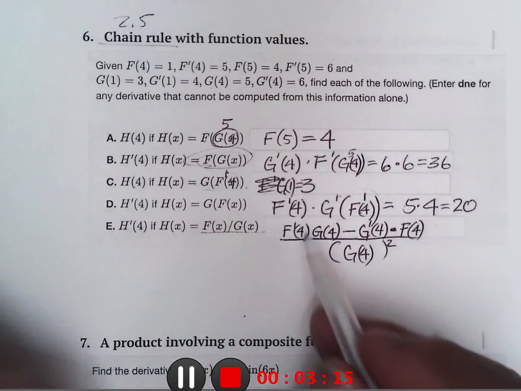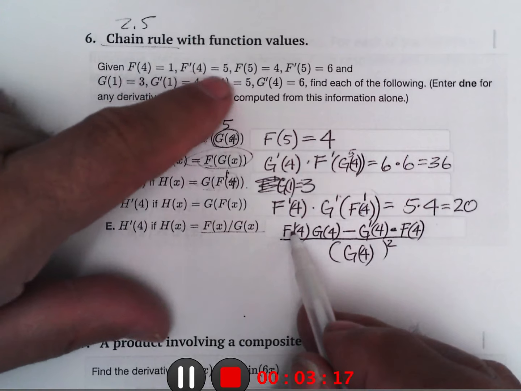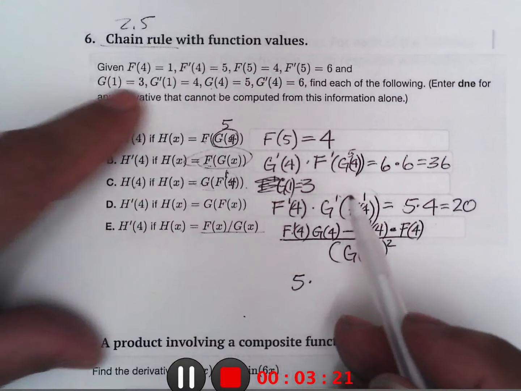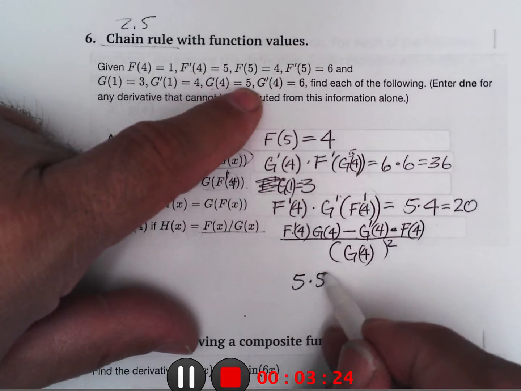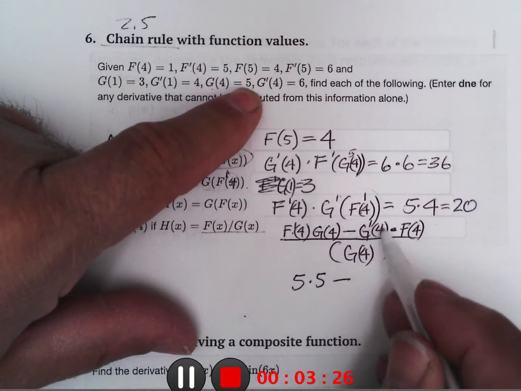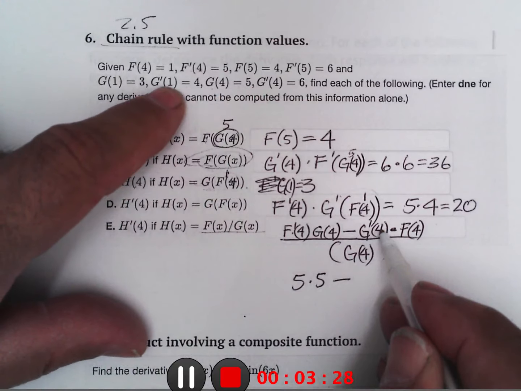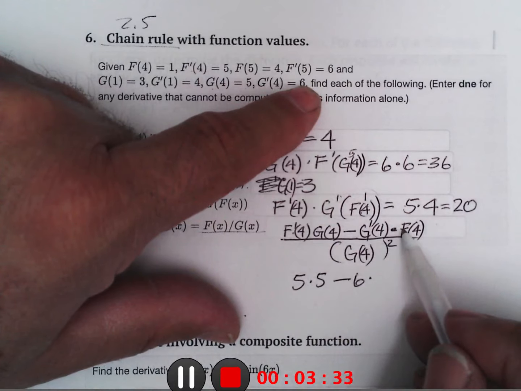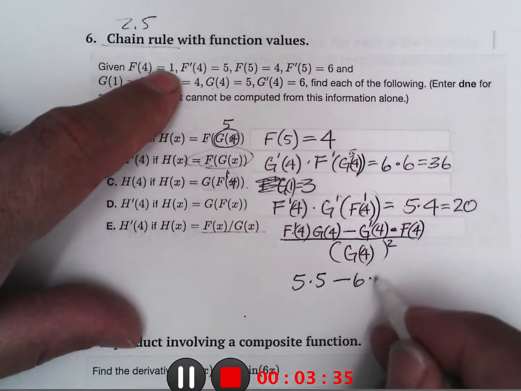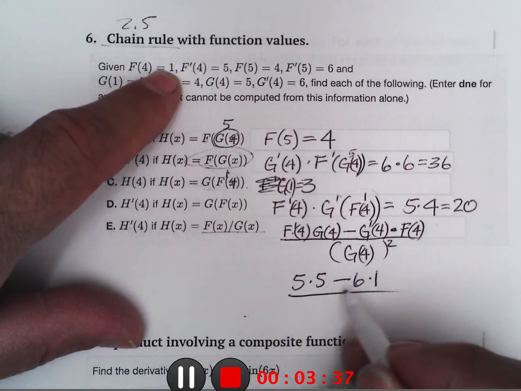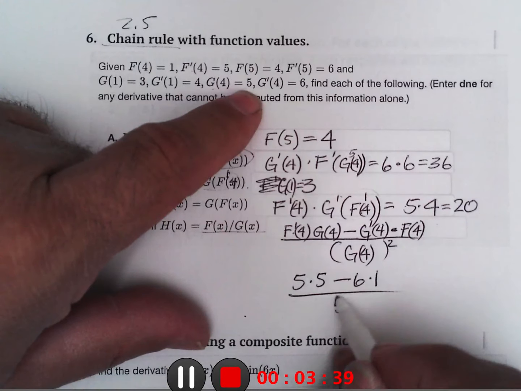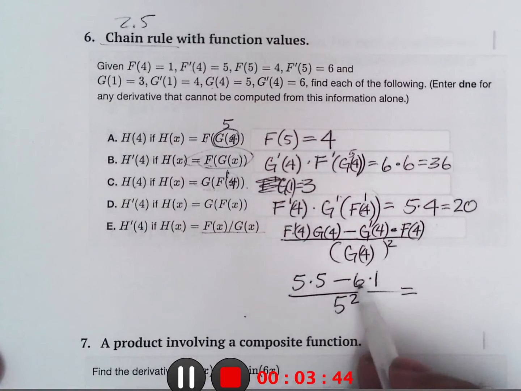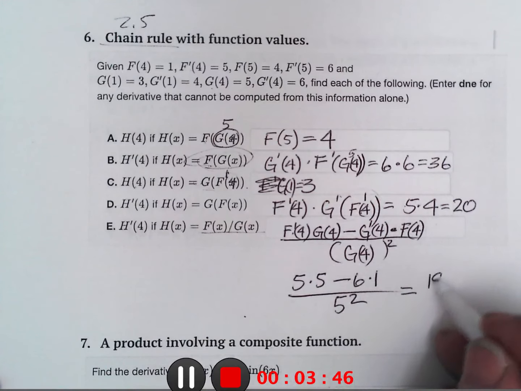F prime of 4 is 5 times g of 4 is 5 minus g prime of 4, g prime of 4 is 6 times f of 4, which is 1, over g of 4 squared, which is 25 minus 6, 19 over 25.